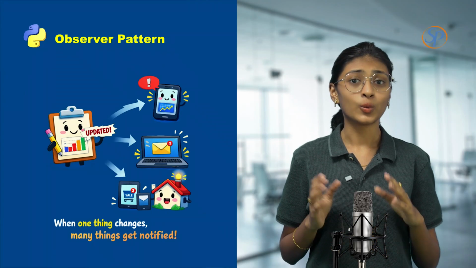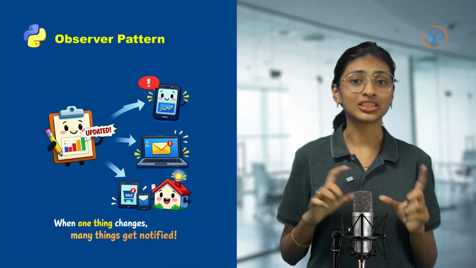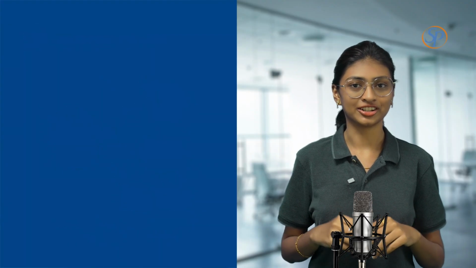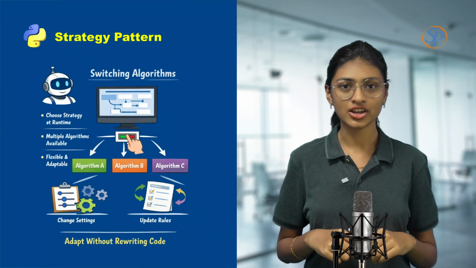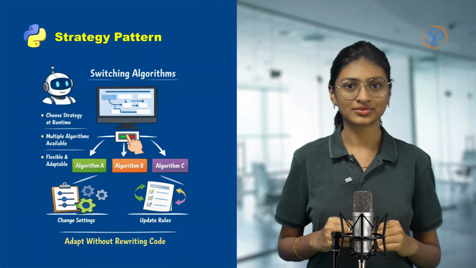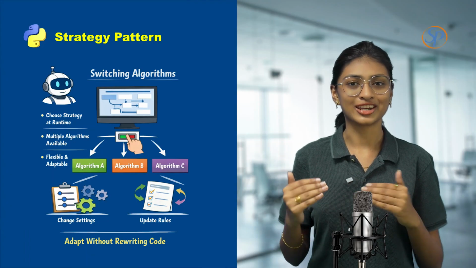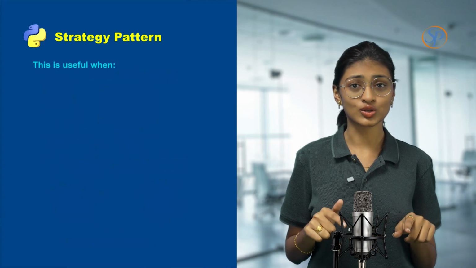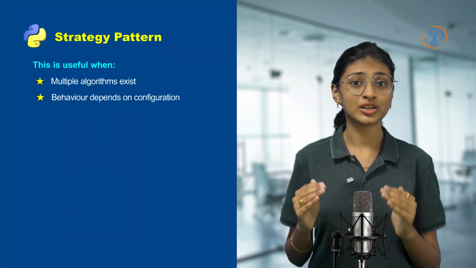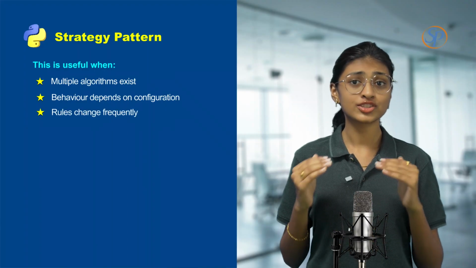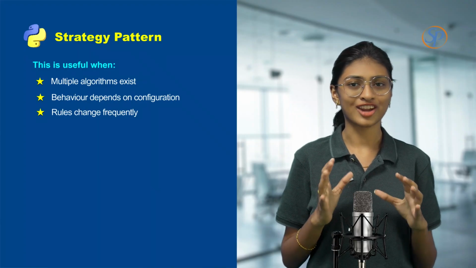For example, when data changes, multiple parts of the system react without directly depending on each other. Strategy pattern. The strategy pattern allows behavior to be selected at runtime. Instead of hard-coding logic, the system chooses the strategy dynamically. This is useful when multiple algorithms exist, behavior depends on configuration, rules change frequently. The main benefit is flexibility without rewriting code.